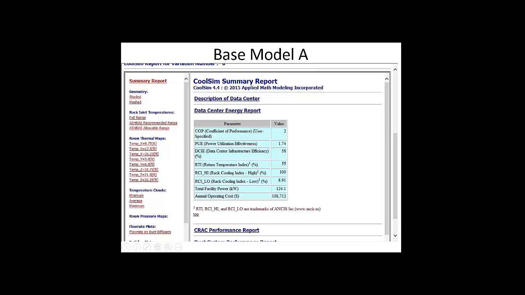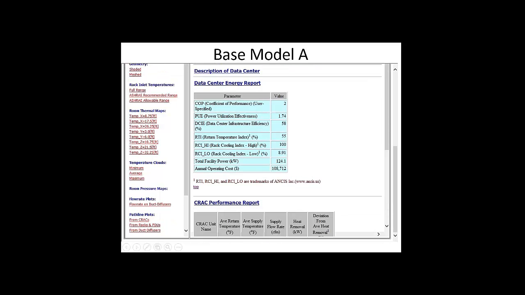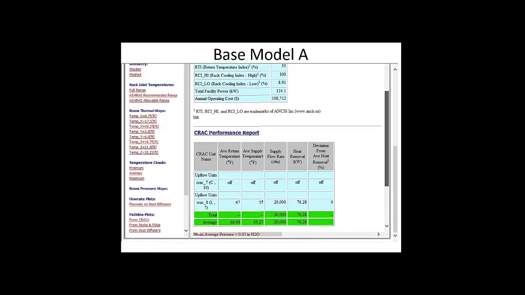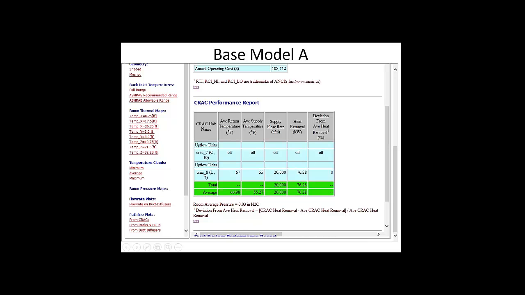So if we take a look at the summary report here, and in particular look at this energy report, we find just what we saw: RTI at 55%, RCI high 100, RCI low of right around 9. And if we go a little further and look at our crack performance report, we'll see that we're returning terribly low temperatures. We're driving it at 55, we're returning 67.